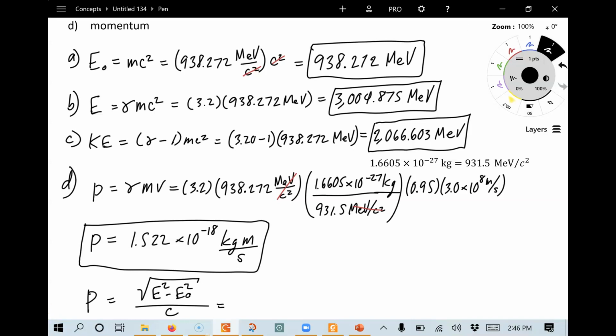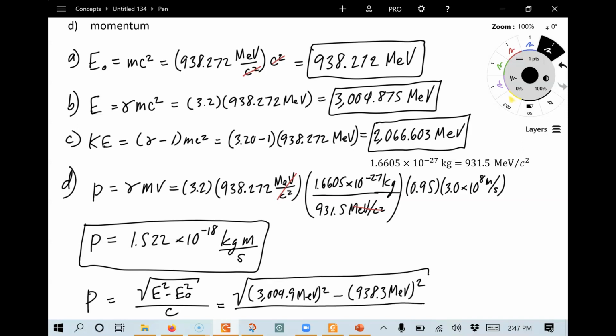We plug in our values. E, the total energy squared, 3004.9 MeV squared, minus the rest energy squared, 938.3 MeV, square root that whole thing, and divide by c.